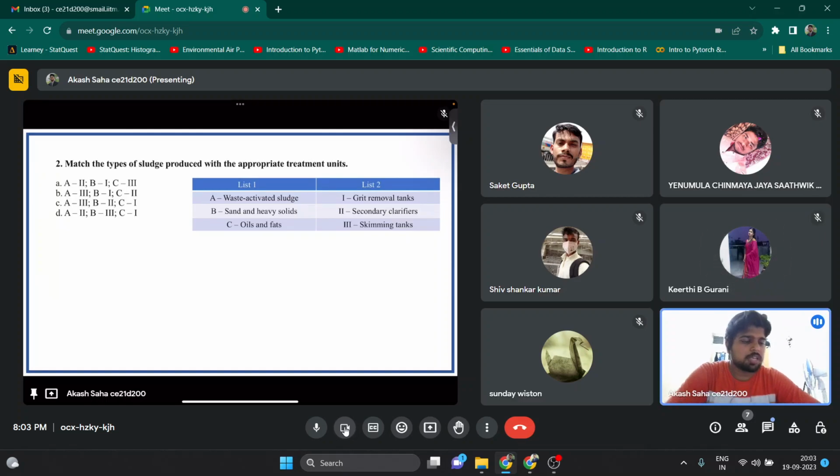Okay, so now match the type. We have waste activated sludge, sand and heavy solids, oil and fats. And we have some systems: grit removal system, secondary clarifier and skimming tanks. So we have to match. It is a direct question.